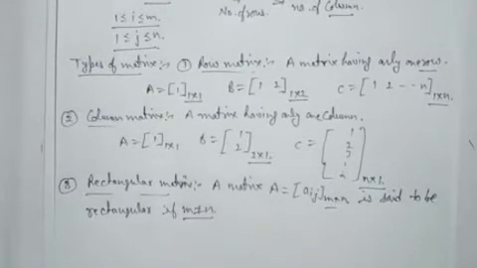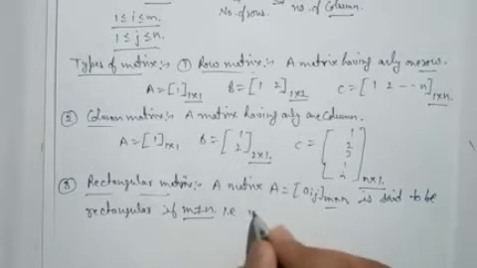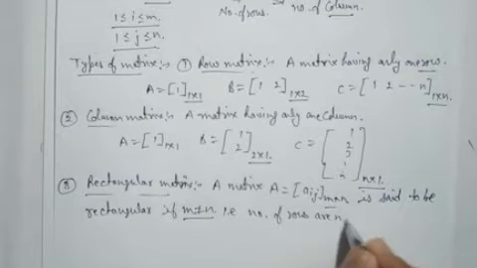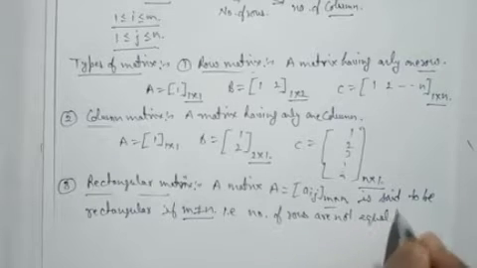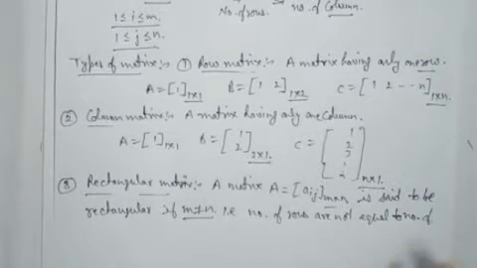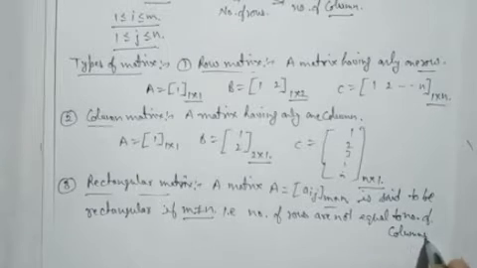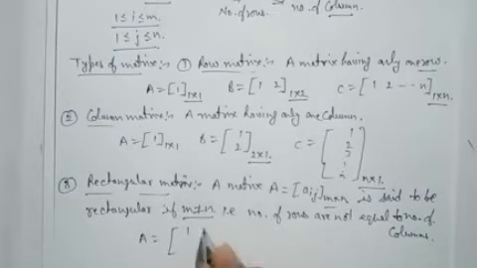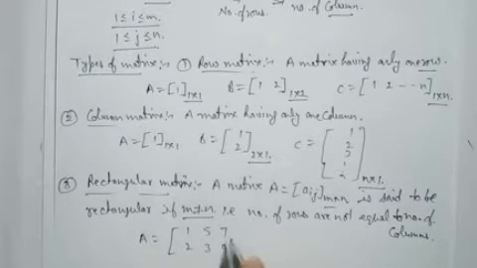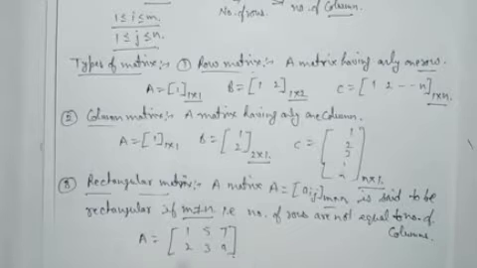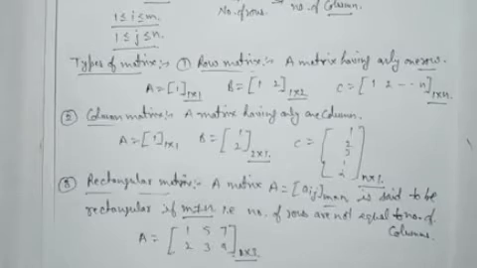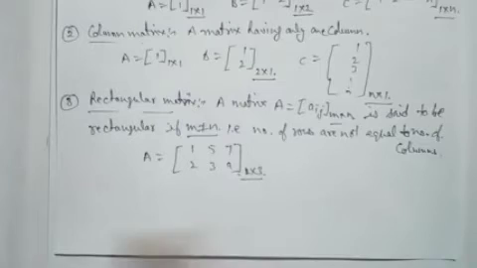That is, the number of rows is not equal to the number of columns. Clear? This is a rectangular matrix: 1 5 7, 2 3 9, because the number of rows is not equal to the number of columns. Clear?